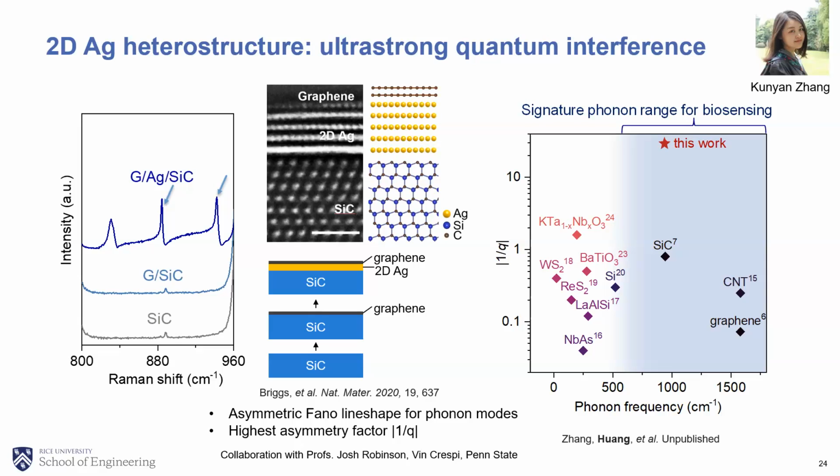If you look at the right plot, this benchmarks the asymmetry factor for different types of samples in their phonon modes. For this 2D silver structure, you can see we achieve a record high asymmetry factor. It's an order of magnitude higher than any other materials. So again, with this artificial structure, we can achieve ultra strong quantum interference for the phonon modes. So next slide.